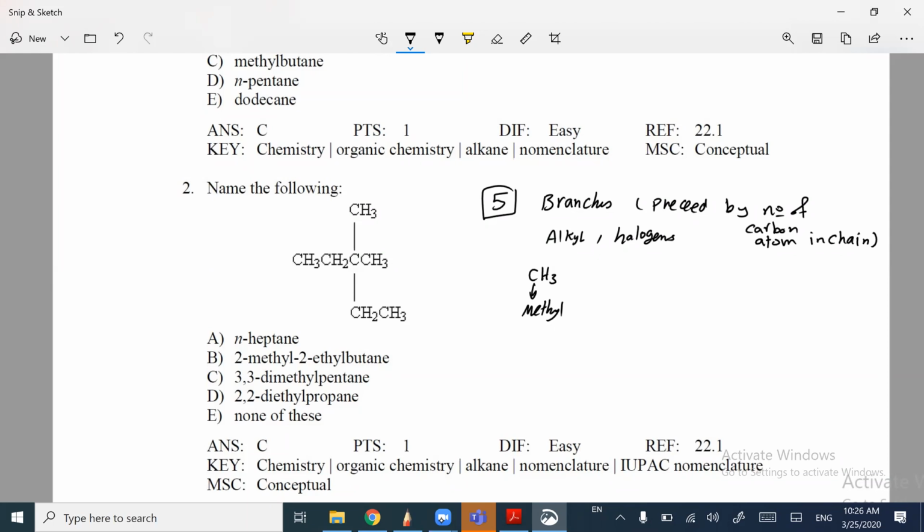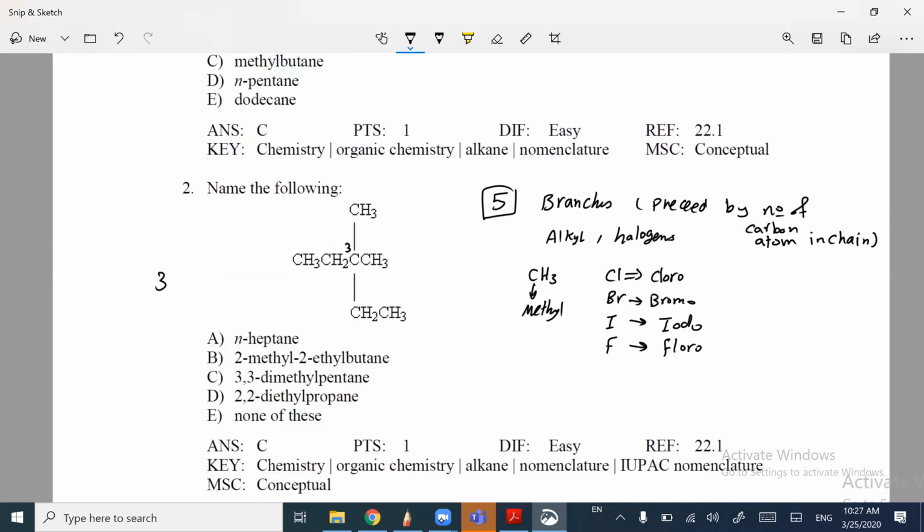So we'll find on carbon atom number 3 we have 3-methyl. But for the halogens, Cl, Br, I, F, it will be chloro, bromo, iodo, fluoro.